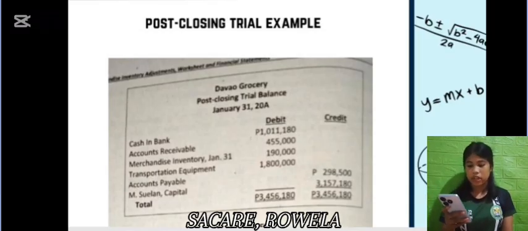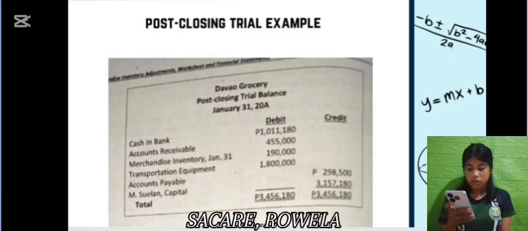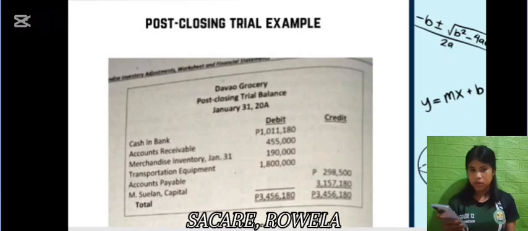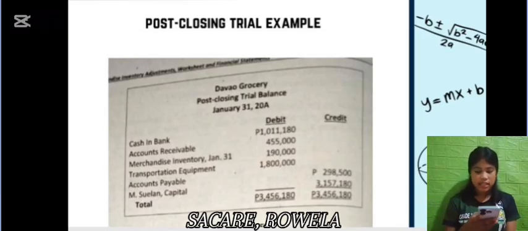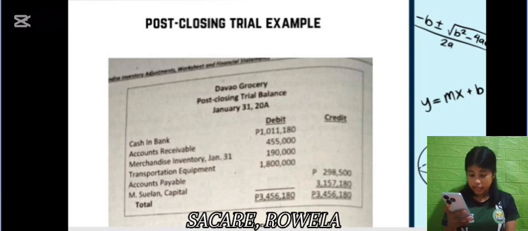So sa last slide 7, the post-closing trial balance is prepared to ensure that the total debits are equal to total credits after temporary nominal accounts have been closed. So same naman siya, tama ang pagtotal. This step confirms the ledger's accuracy and prepares the books for the next accounting period.